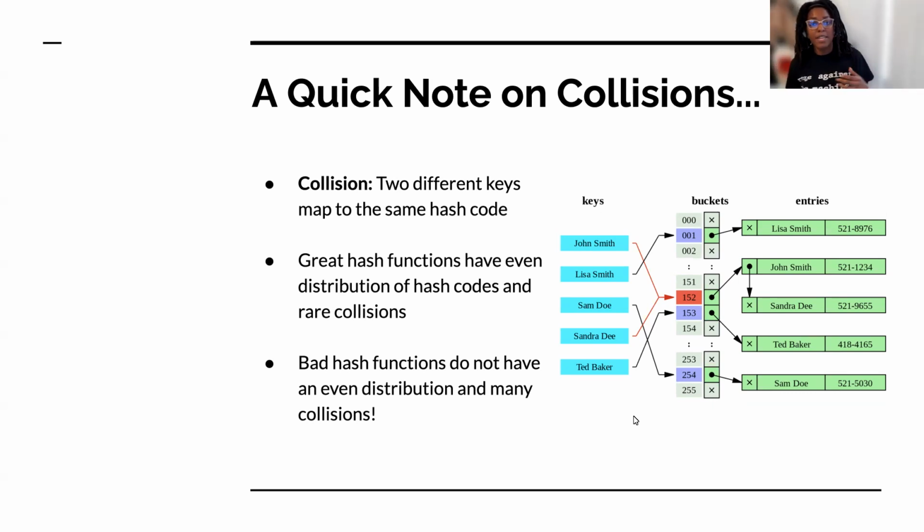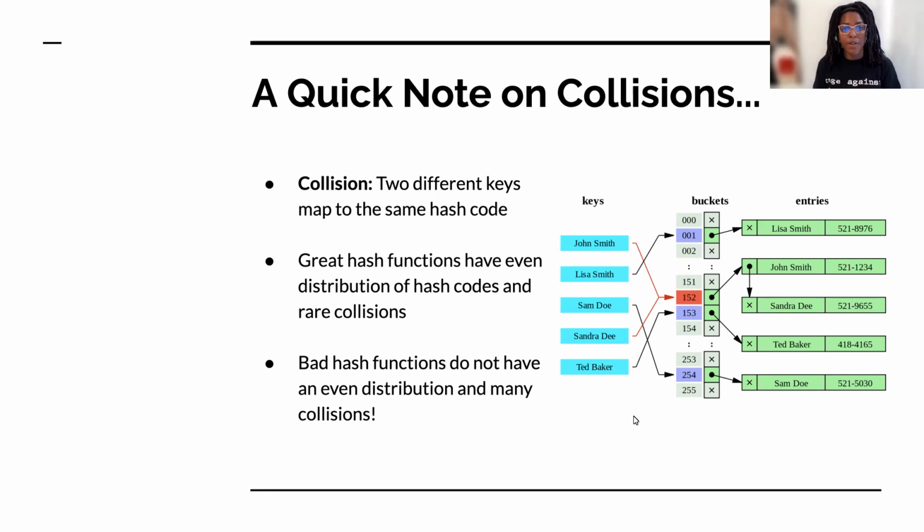And by a collision, I mean sometimes you have a hash function that takes two separate keys and maps them to the same index. That makes it a little bit more confusing, because you have multiple values for one hash code.